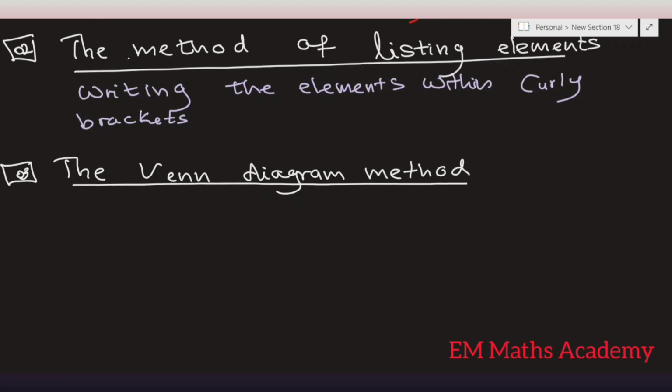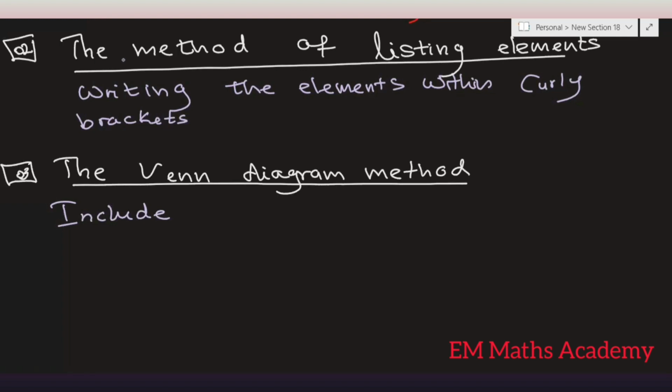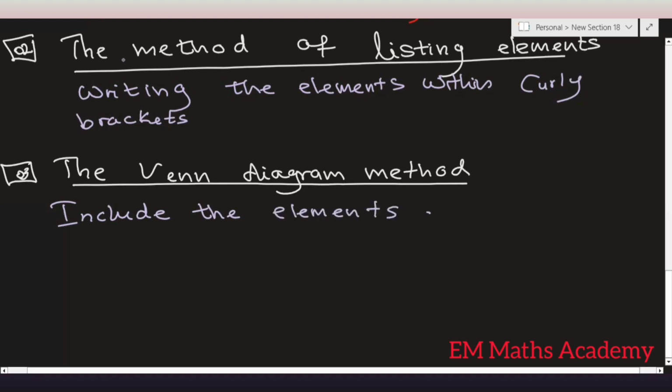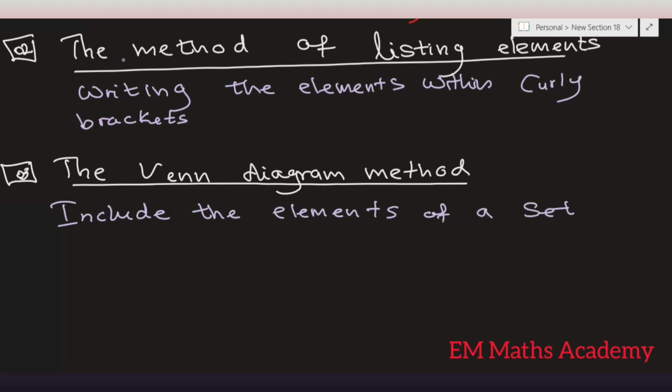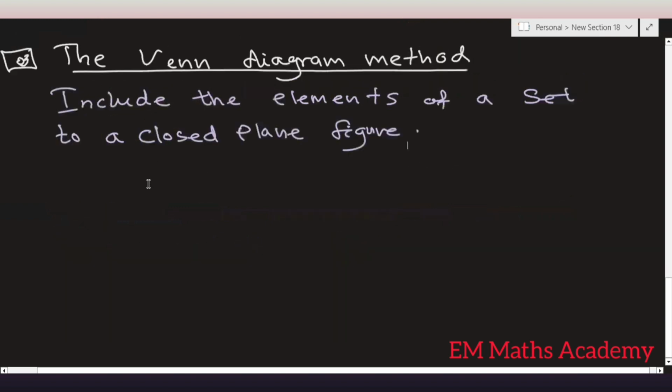You know about it. We have identified the elements which are included in this set. Thereafter, we include the elements. In the previous case, we write the elements within curly brackets, but here we write the elements within a closed plane figure. That means we include the elements of a set in a closed plane figure.